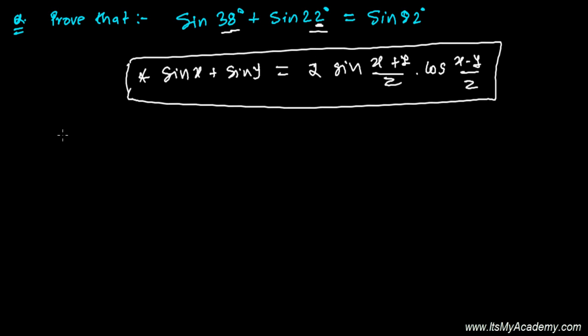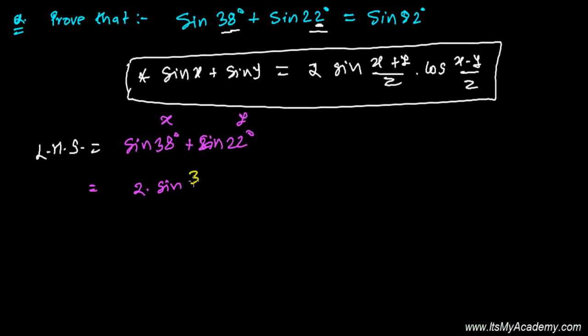So I'm now proceeding. Our left hand side is equal to sine 38 degrees plus sine 22 degrees, which is twice sine of (x plus y) divided by 2. This will work as x and this will work as y, so it will be 38 plus 22, divided by 2.